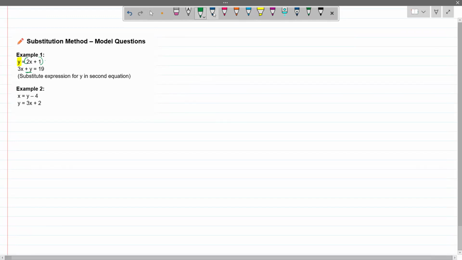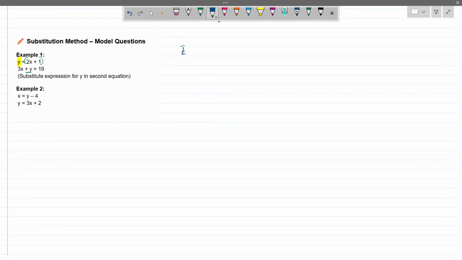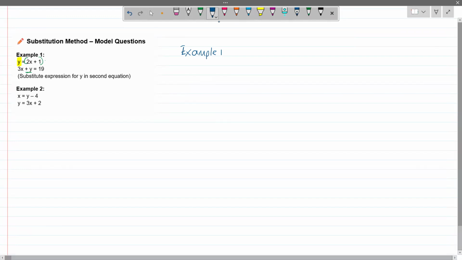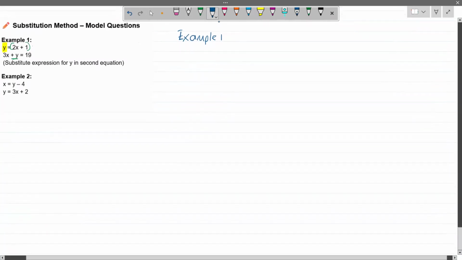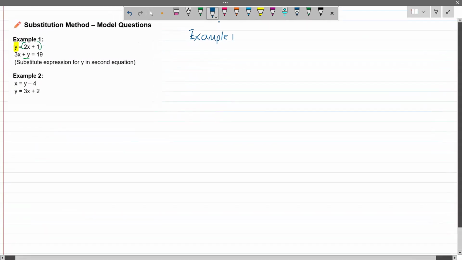Now, if you look at that example, y is equal to 2x plus 1, this is our equation 1. And then we have 3x plus y is equal to 19. This is our equation 2.